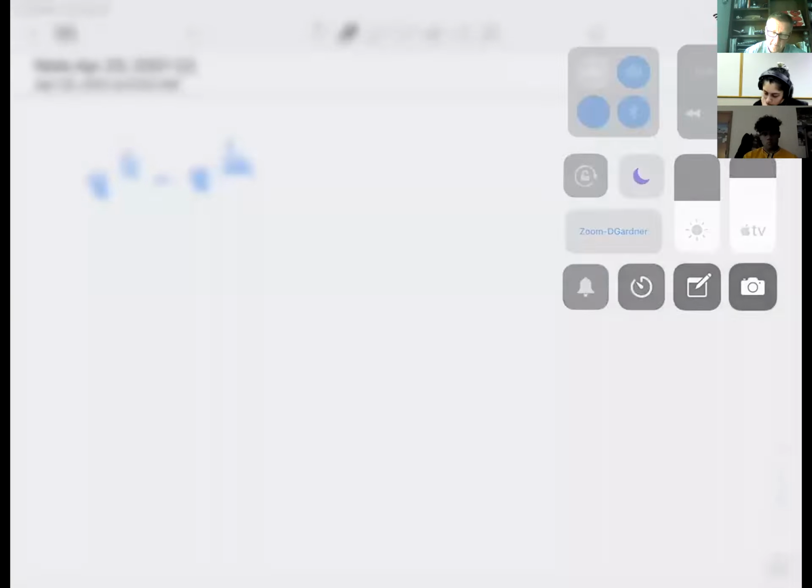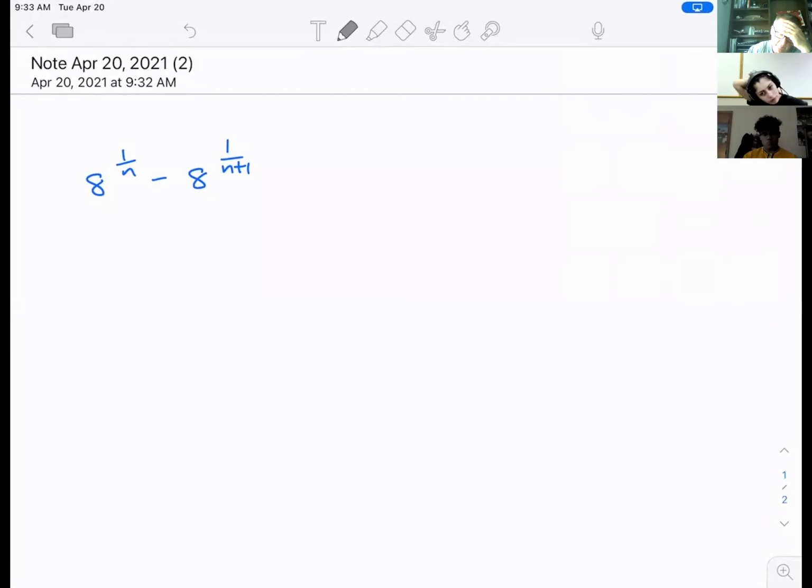So we started at 1 for that. If I put n equals 1 in it, I get 8 to the 1 over 1, which is 8, and then minus 8 to the 1 over 2, which is the square root of 8. I'll just leave it alone: 8 to the 1 and 8 to the 1/2. You agree with that?